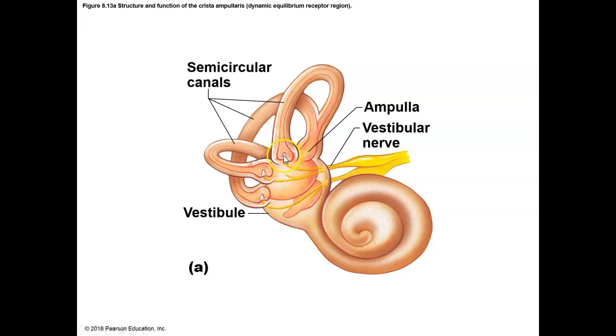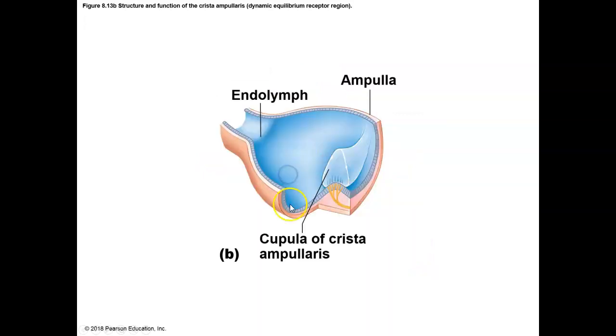So here we have the cupula, and this region is known as the ampulla. It's at the base of the semicircular canals. There's that little cupula, and there are hair cells embedded, so you can see those hair cells here.